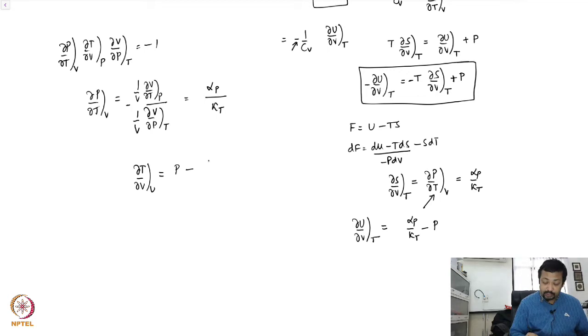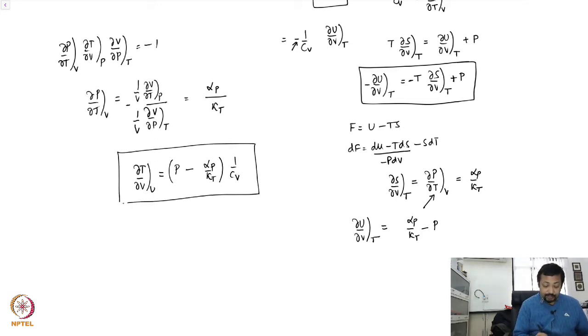So pressure minus alpha P over kappa T, times 1 over CV. And this is the relation that you are looking for. There has to be a T over here, because you're looking at T (∂S/∂T), so this is T (∂S/∂T), and there is a T over here.